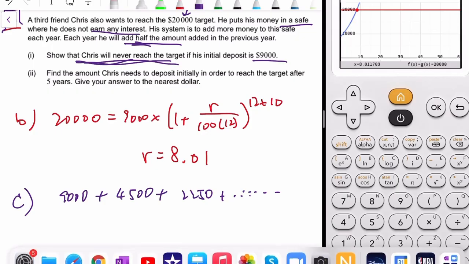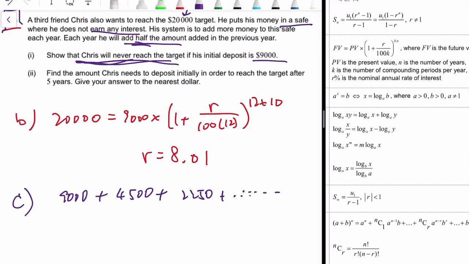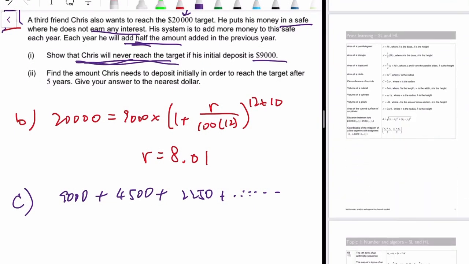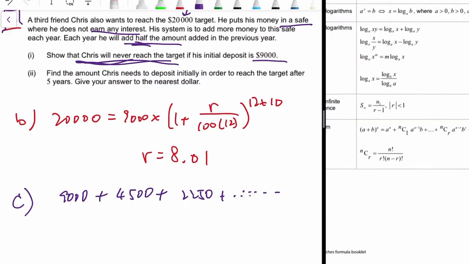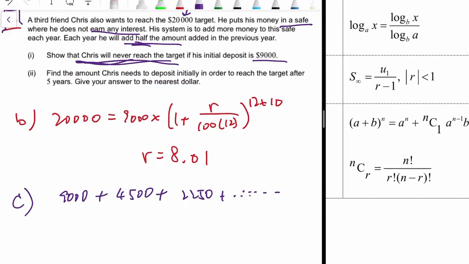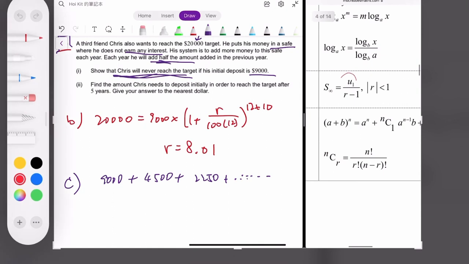Which is, of course, in the formula booklet. If you have the old version of the formula booklet, it will tell you the sum to infinity formula is u squared over r minus 1. This is actually a typo. IB soon corrected it. However, some websites still use the old wrong version, so that might mess you up.